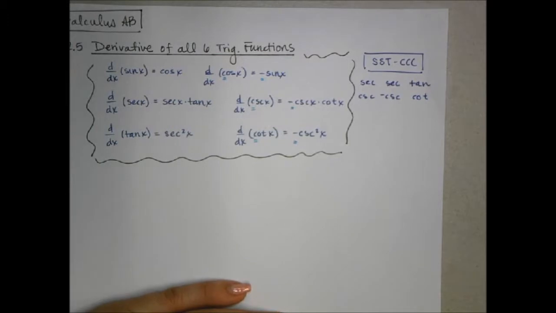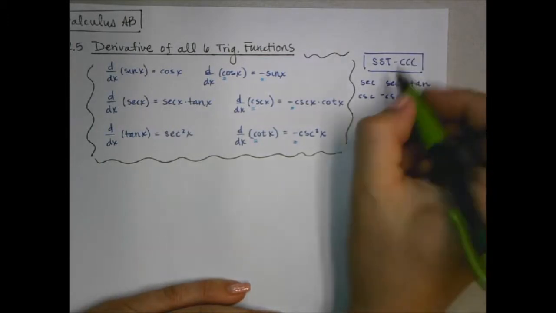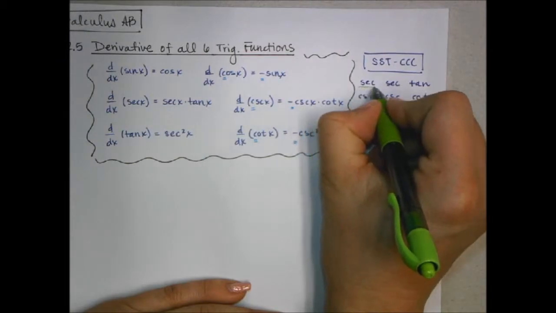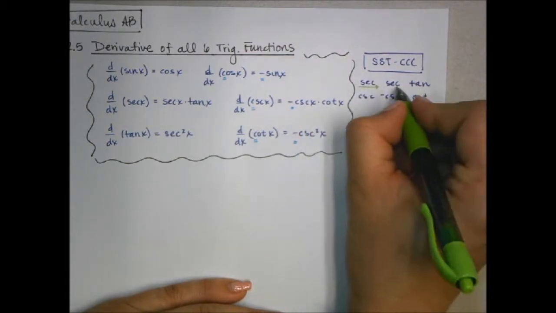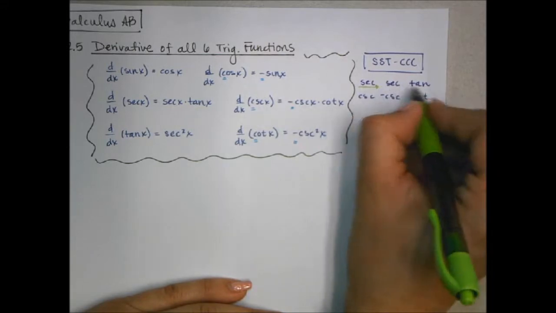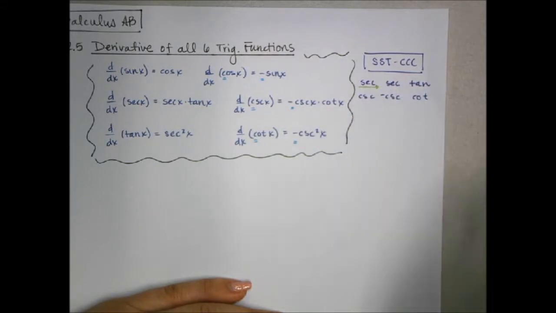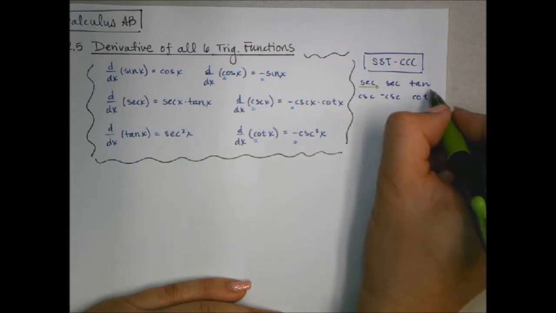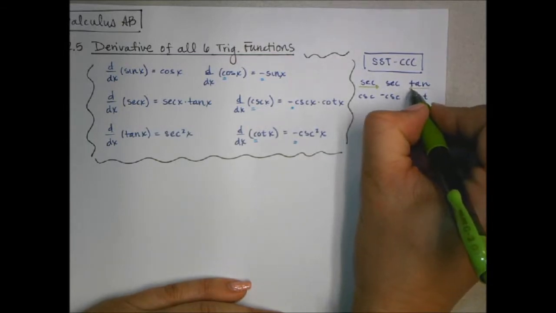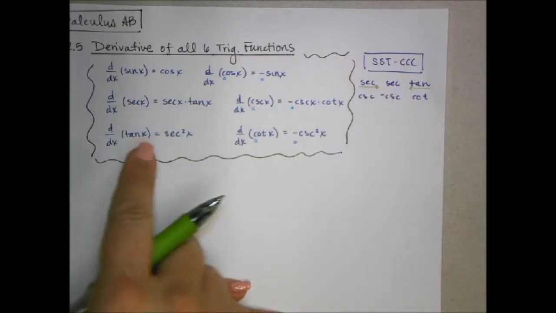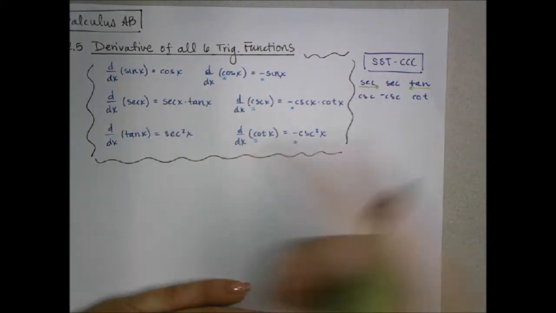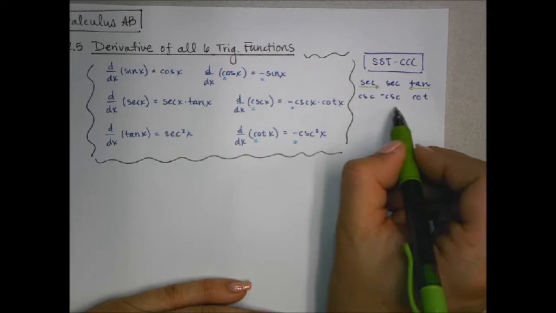What happens here is anytime I take the derivative of secant, let's say I start with secant here, the derivative of secant is the remaining 2 terms, secant times tangent. And if I start on the opposite end with tangent, the derivative of tangent is the other 2 terms, secant times secant, or secant squared. Right, so we're going to do the same thing here with cosecant, cosecant, cotangent.